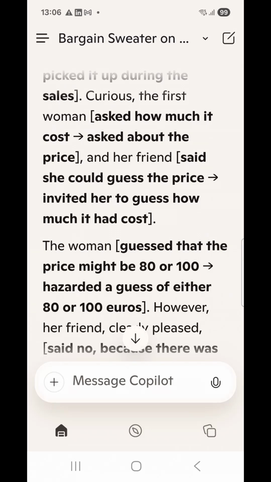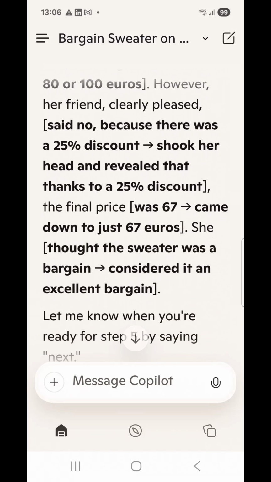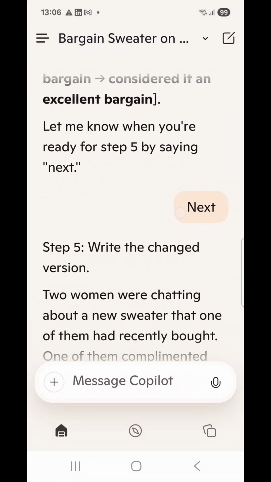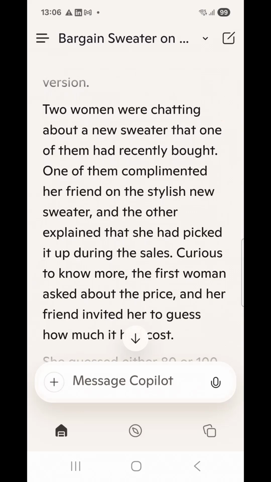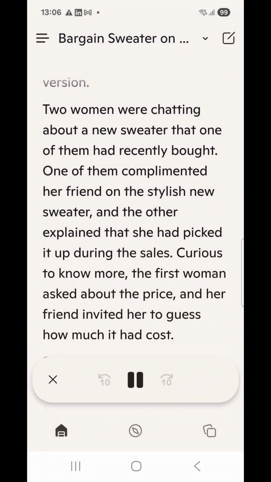Invited her to guess how much it had cost is one of the examples there. So the only problem was that when I asked it to read aloud the correct version, it did something rather different.